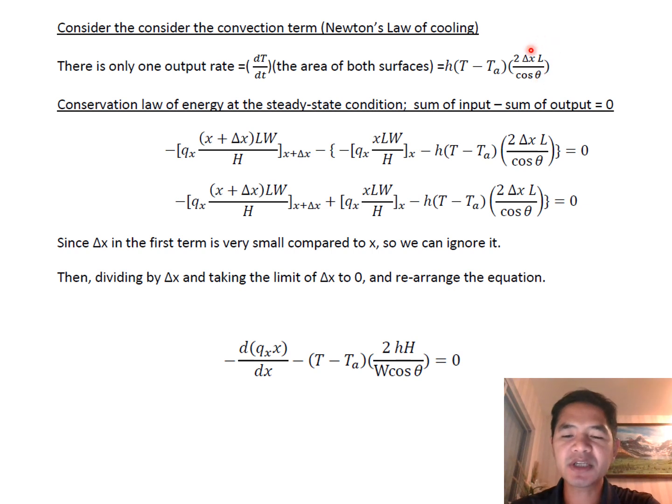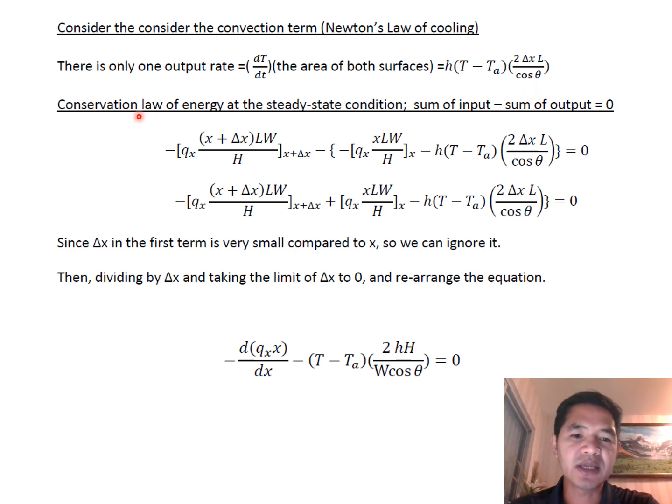This one I'm going to show you in class, how we get this. Just think of this as the surface area of both sides of the fin. On the small side, we just ignore it because it's very small.